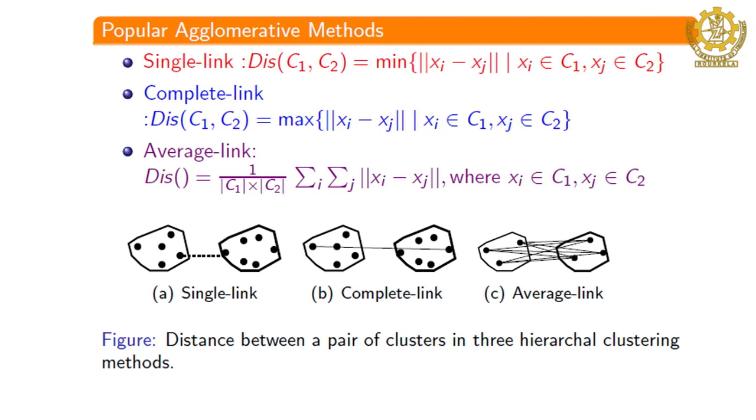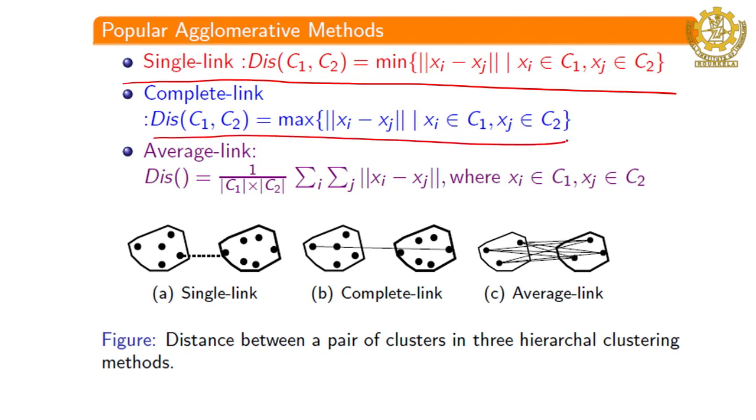There are three major ways that we can compute the distance, and each technique has a name. If we compute the distance in this strategy, then we say the agglomerative approach is the single link or single linkage approach. If you compute the distance in this fashion, then the agglomerative approach is called the complete linkage method.